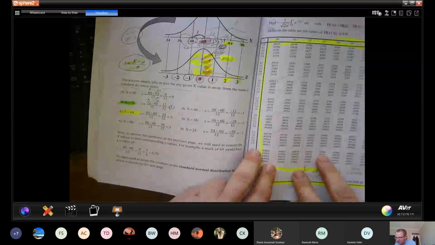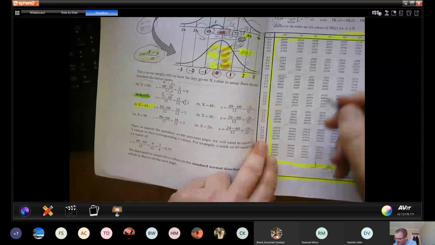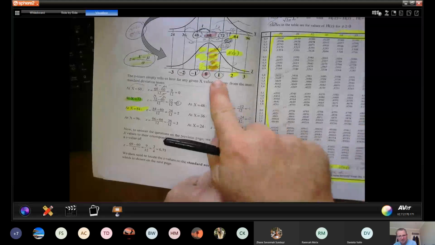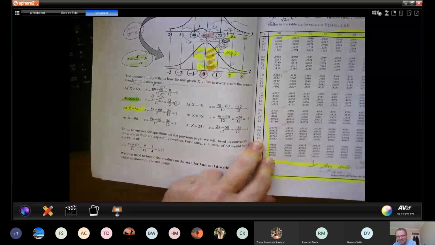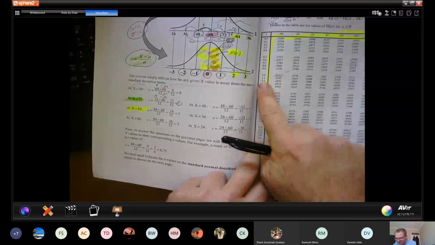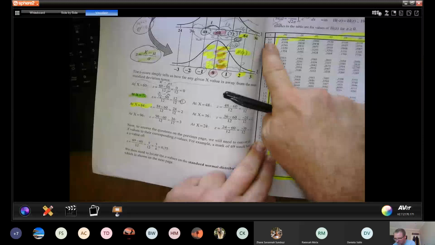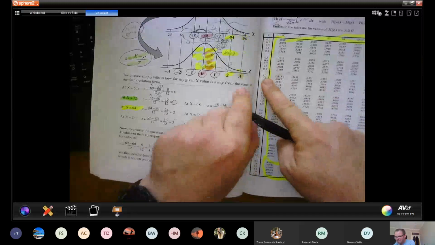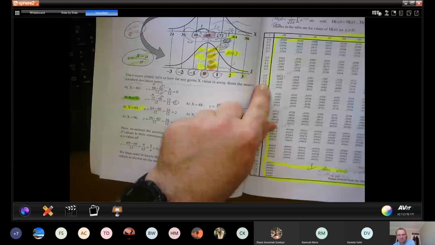Now I want you all to go to your Z table. I'm looking at a diagram where I want to know the area between 0 and 1. This is what this table is going to give us. So I go to 1,0. Here are my Z scores. The top row, guys, is your second decimal place.